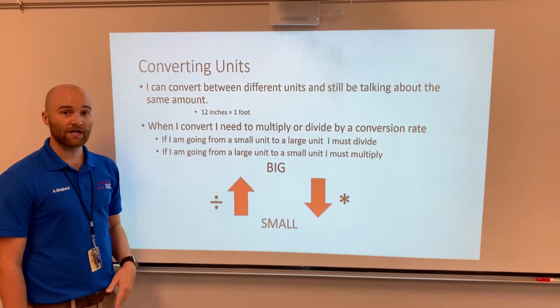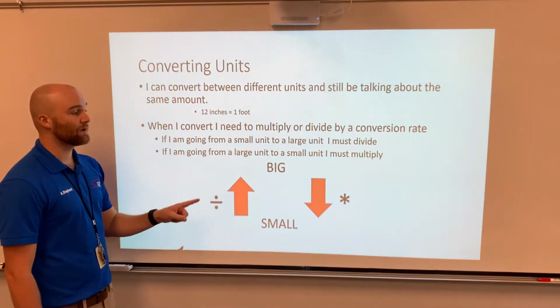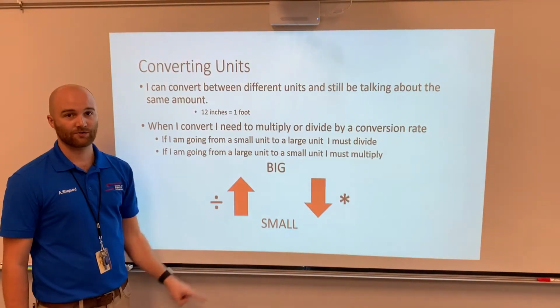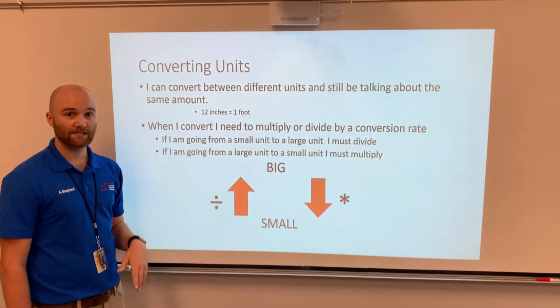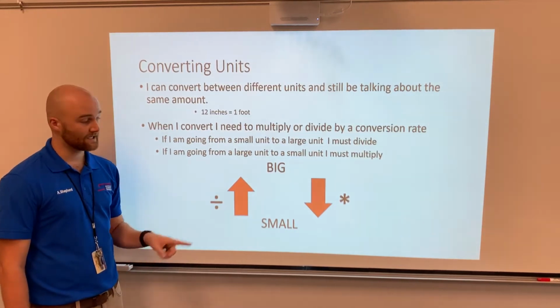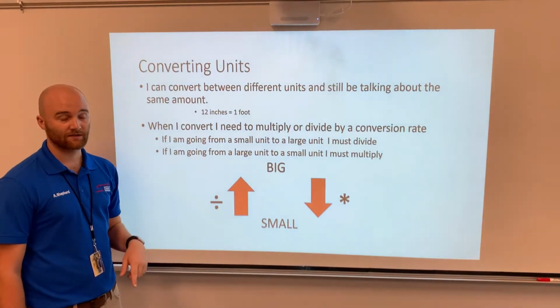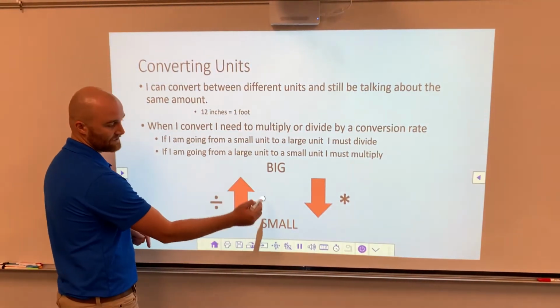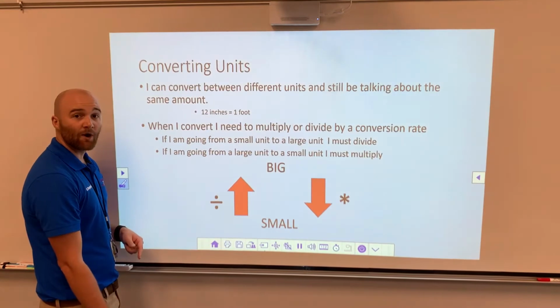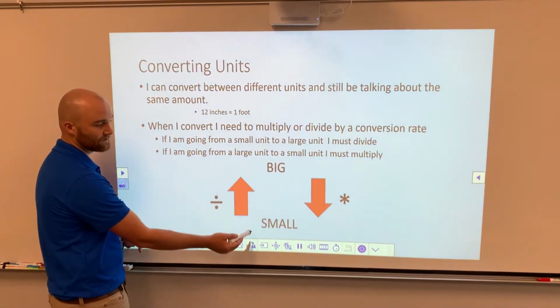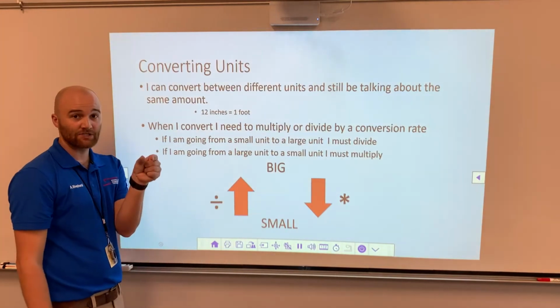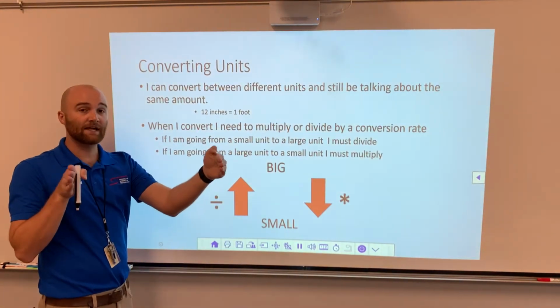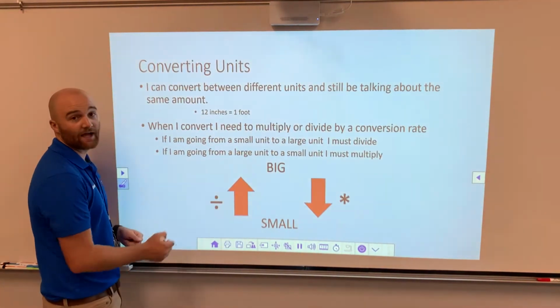In order to change, we're going to use some arrows. The first thing that I suggest 5th graders do when they get their STAR test or any sort of converting test is to draw these arrows in. They say big and small. If I want to convert from a small unit up into a bigger unit, like from something small like inches up into something bigger like feet, I'm going to divide.